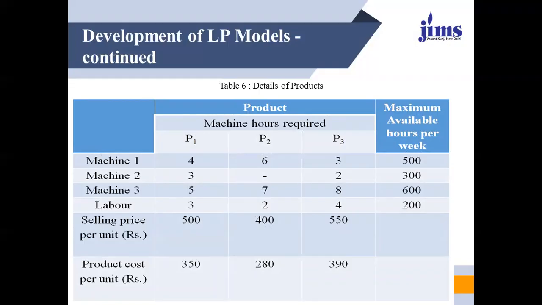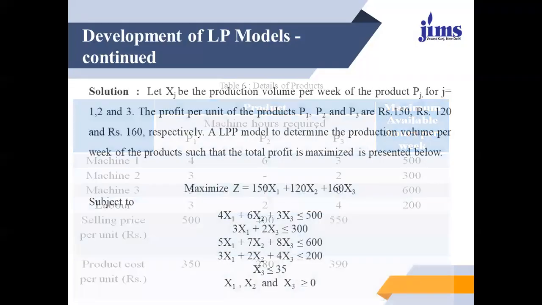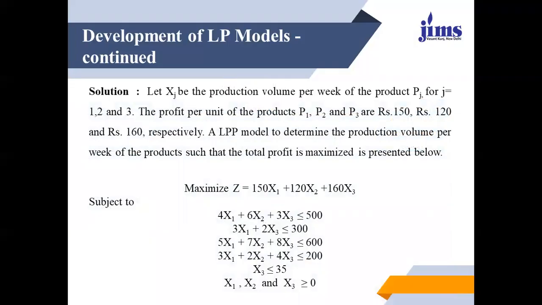Then our total profit will be 150 X1 plus 120 X2 plus 160 X3, and our objective function is maximize Z is equal to 150 X1 plus 120 X2 plus 160 X3. Any confusion? I hope this is clear.